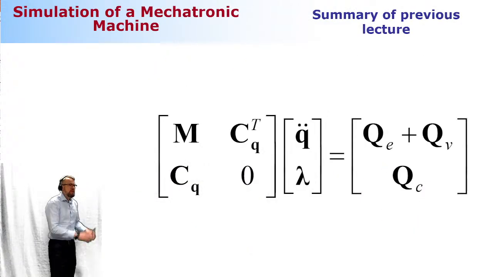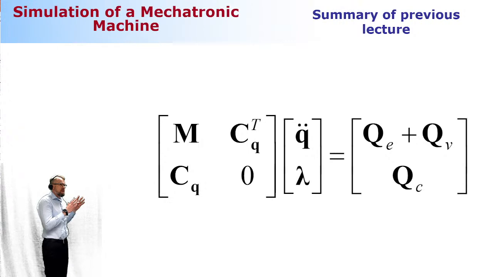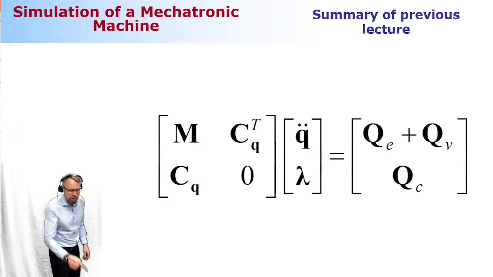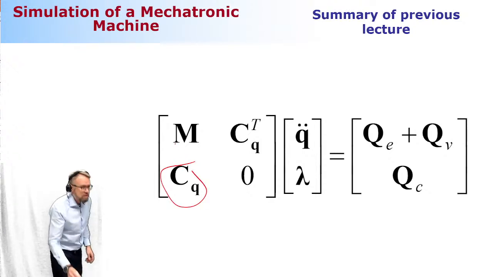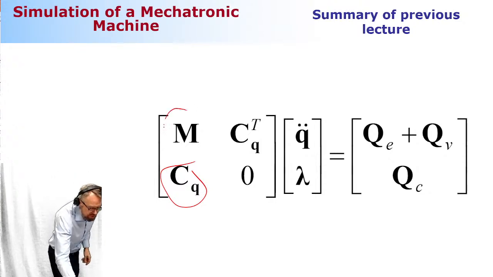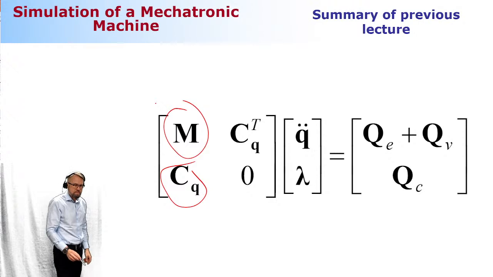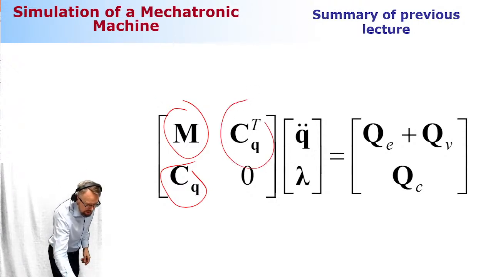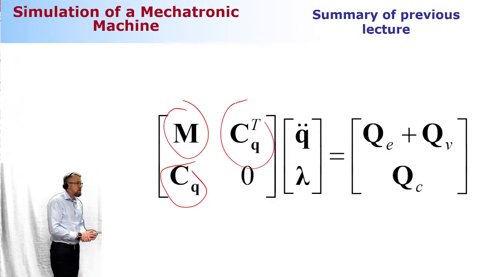Very good. So this is a set of equations, and you know each of the components. This represents the Jacobian matrix. The Jacobian matrix is what you get when your constraint equations are differentiated with respect to your unknowns, which are the generalized coordinates. This is the system mass matrix. This is the Jacobian matrix with the transpose operation.